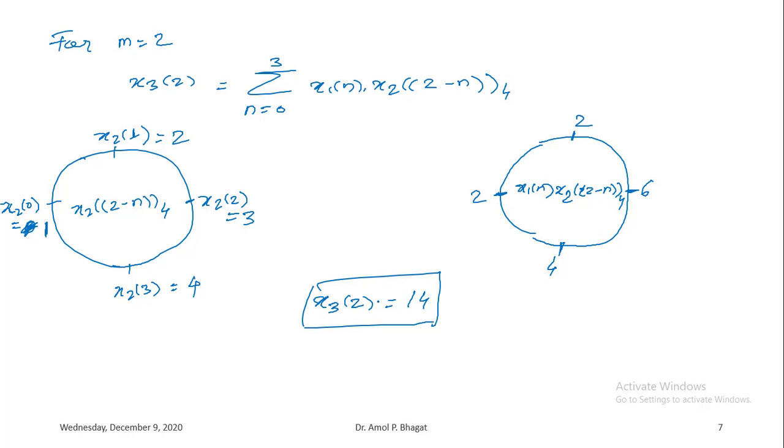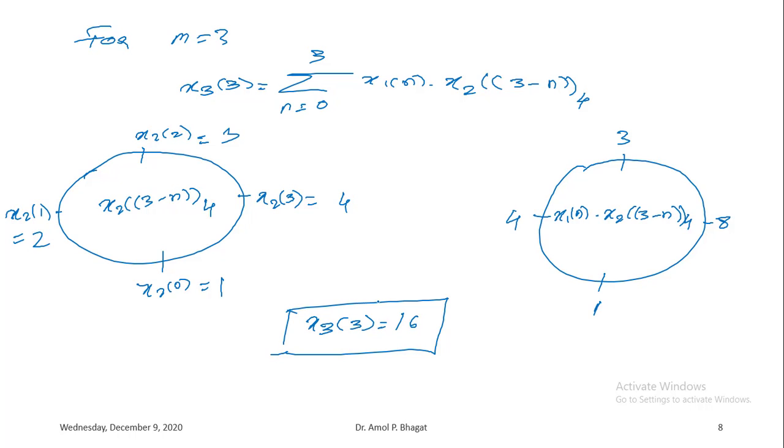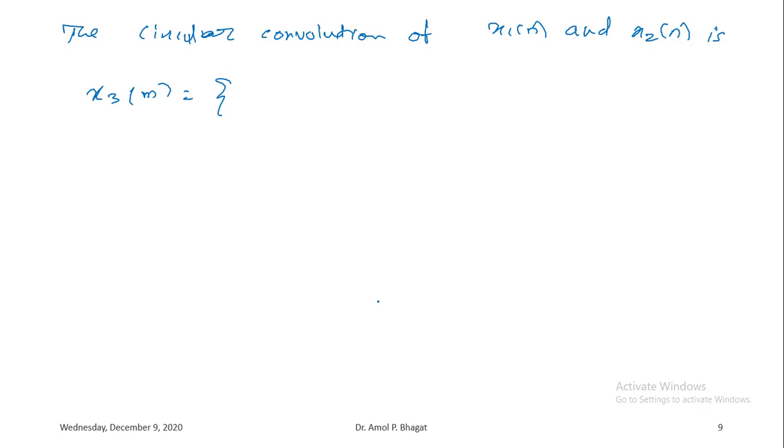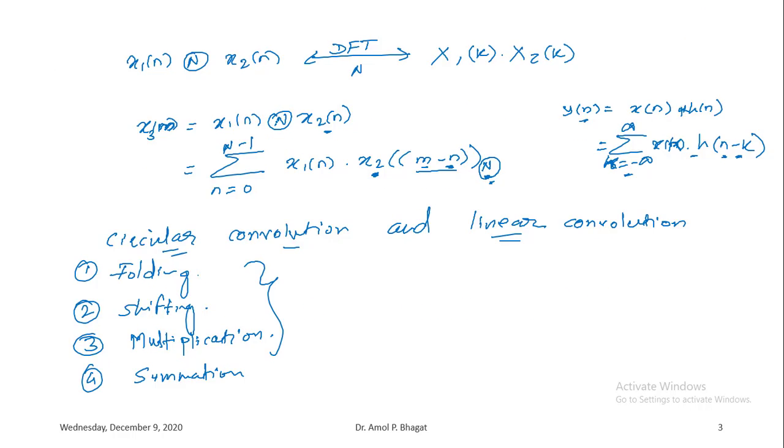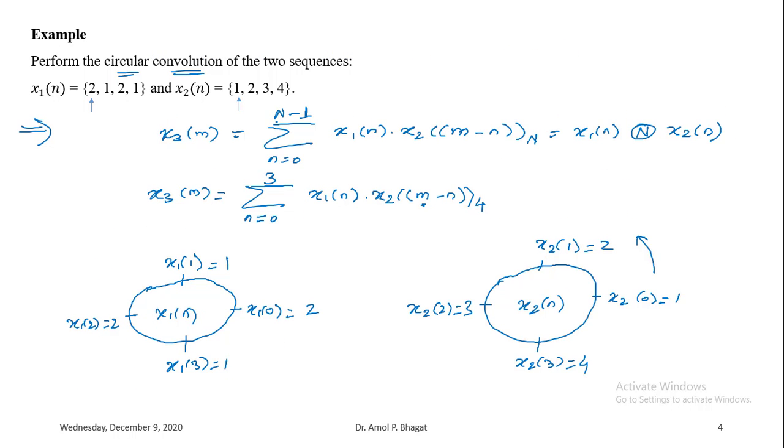And x3 of 3 is 16, okay? So that means we have these values which will be written here, that is 14, 16, 14, 16, okay? This is nothing but x3 of 0, x3 of 1, x3 of 2, and x3 of 3. So this is how we can determine the circular convolution directly, okay, without using discrete Fourier transform or property of the discrete Fourier transform.